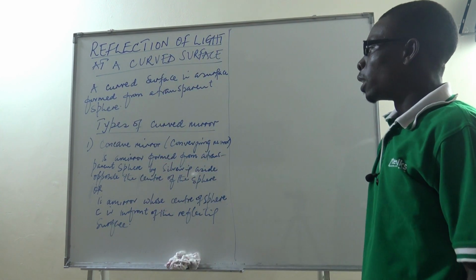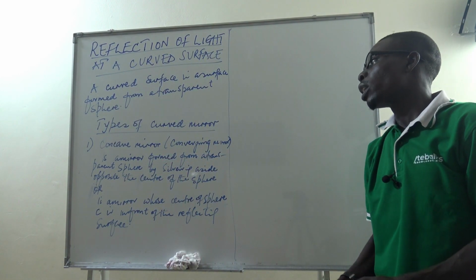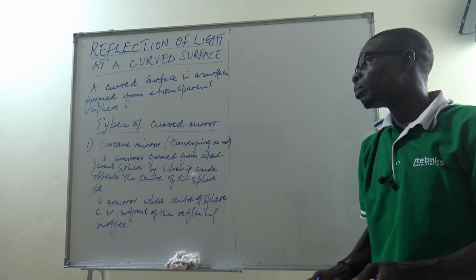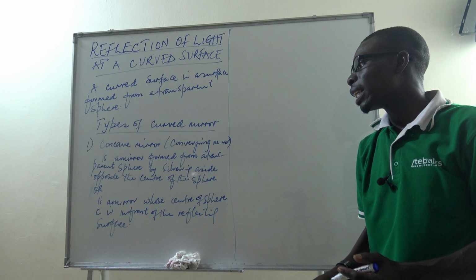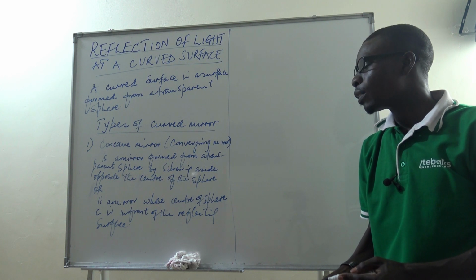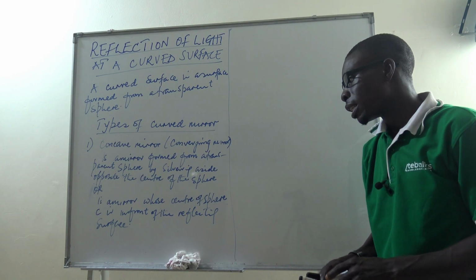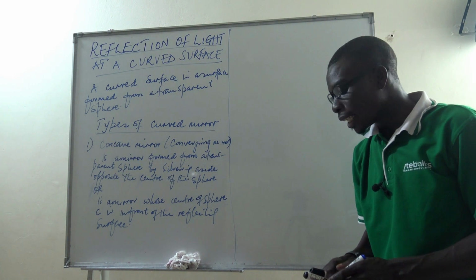That can be a simple definition of what we call a concave mirror. It is a mirror formed from a transparent sphere by silvering a side opposite the center of the sphere. Or it is a mirror whose center of sphere is in front of the reflecting surface.